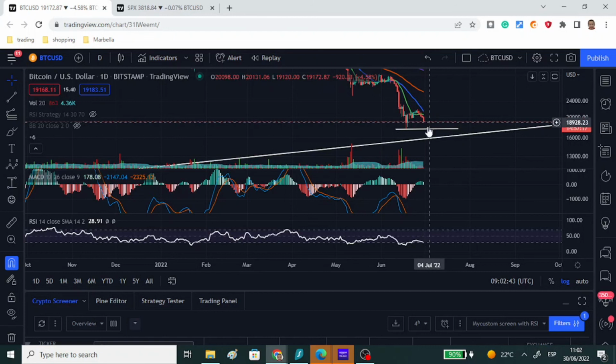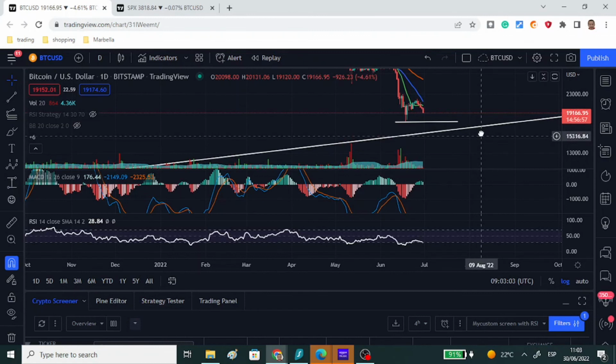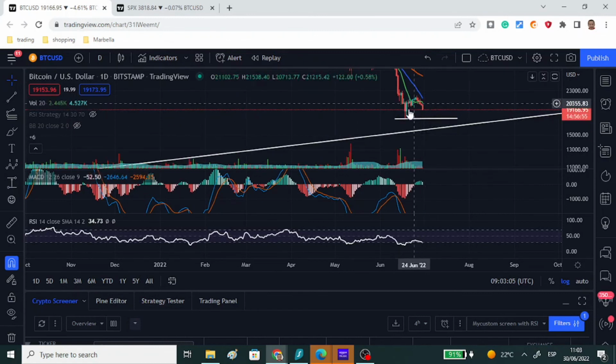For every single big drop, I will buy more Bitcoin. And I'm going to be watching it every single day to see what's the best area to buy in order to accumulate. Because I know around this area, this is going to be the main support zone. So either way, I'm going to be accumulating more Bitcoin in this region.